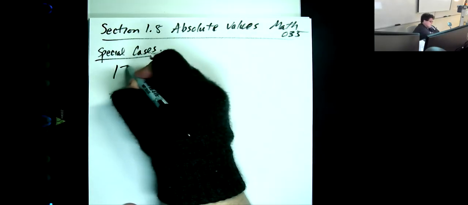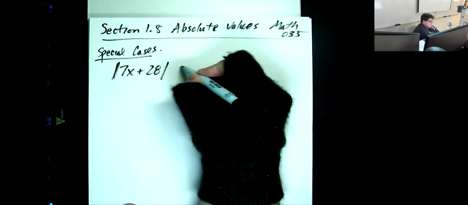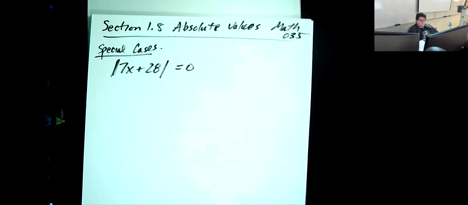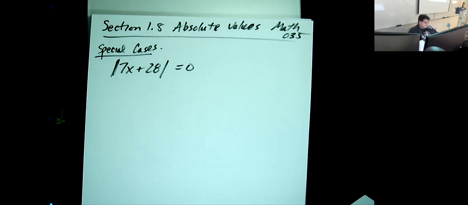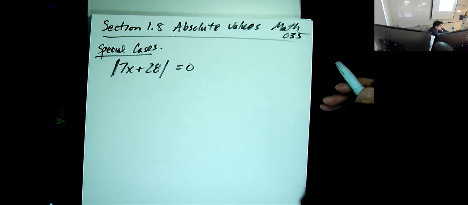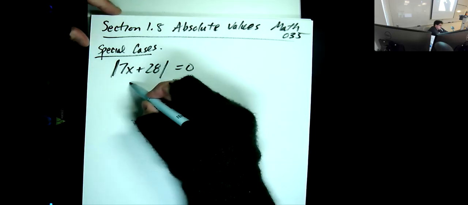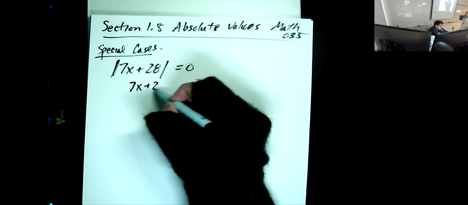If I have something like the absolute value of 7x plus 28 equals 0, there is not actually 2 different answers here. Every other one we've done with absolute values, we've had to fork it into 2, but I can't make a plus or minus 0. So we just drop the absolute value signs and we need to find out exactly which one works.